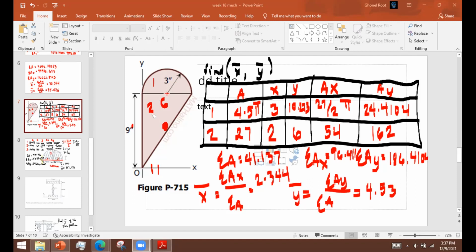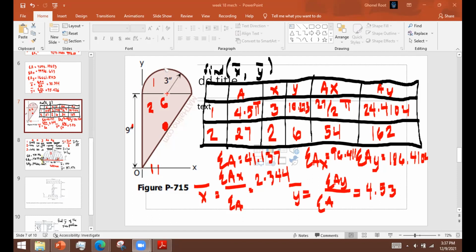Shape number 2 tong baba. So inverted triangle. So number 2, so meron siyang 9 times 6 over 2. So 27. Di ba? So 9 times 6, 54 over 2, 27. Next, number 1. Next tayo, area nung semicircle, which is pi r squared over 2, di ba?